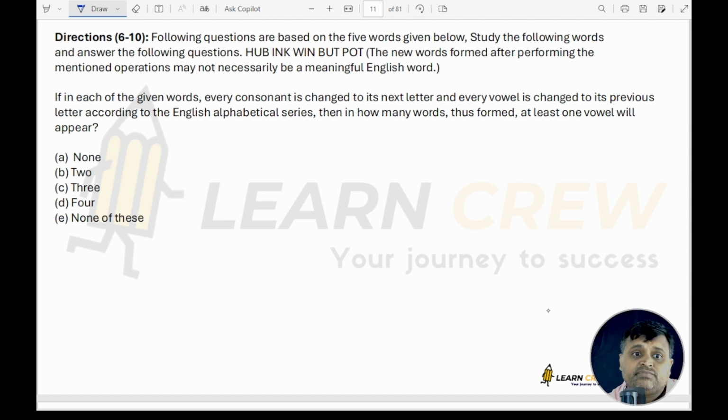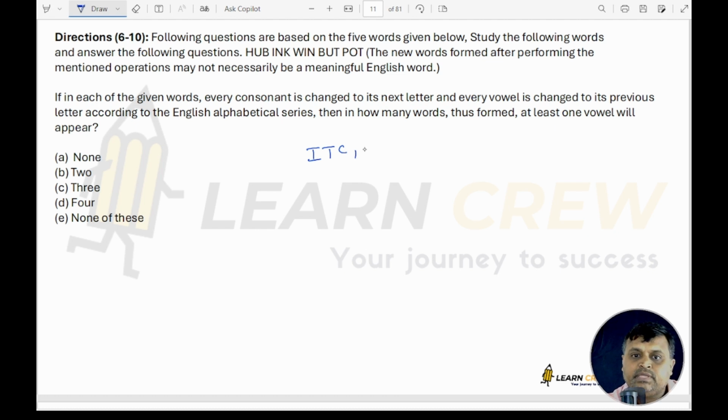If in each of the given words every consonant is changed to its next letter and every vowel is changed to its previous letter according to the English alphabetical series, then in how many words thus formed will at least one vowel appear? So see here, a consonant to its next letter. H is a consonant, its next letter is I. So the first one will become ITC.